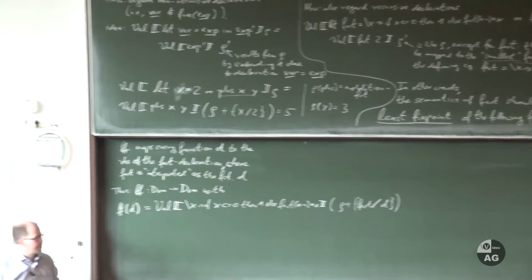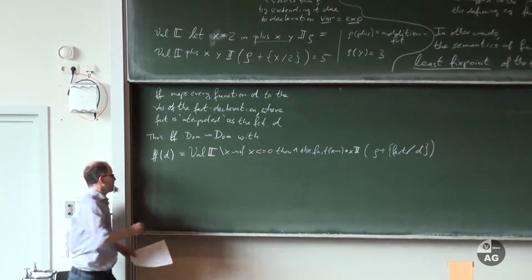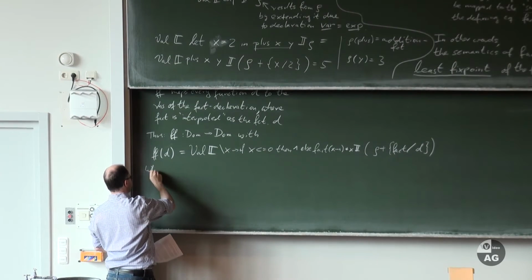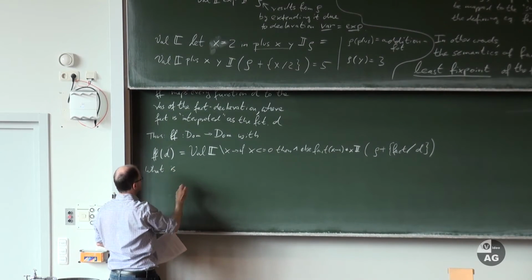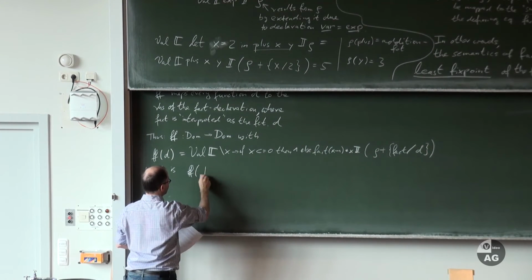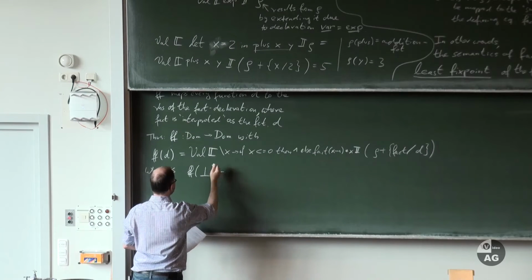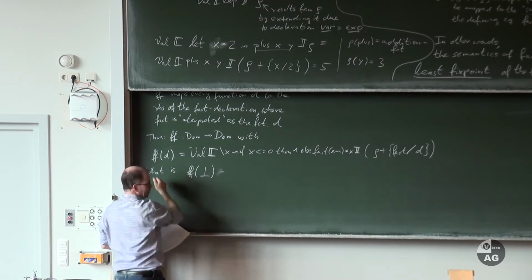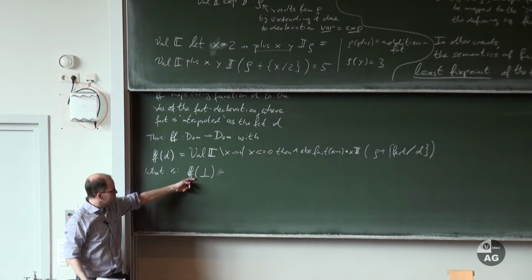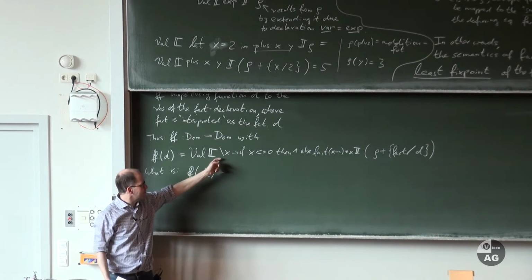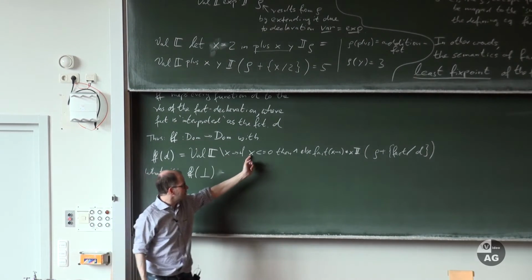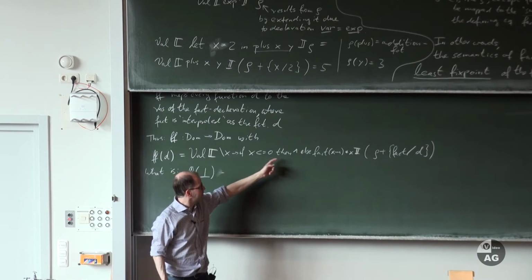So let's see what this ff does. What is ff applied to bottom? Ff applied to bottom will be, if you look at this, a function that takes some number. It checks whether the number is smaller or equal to 0. In this case, it returns 1.